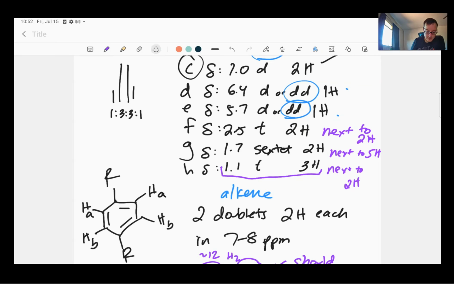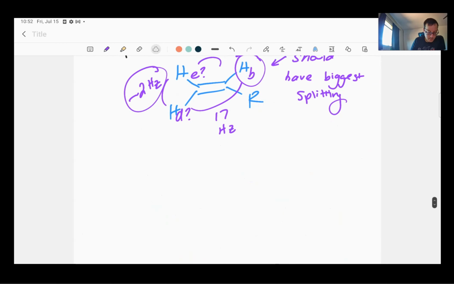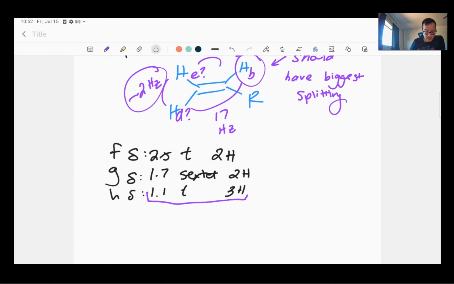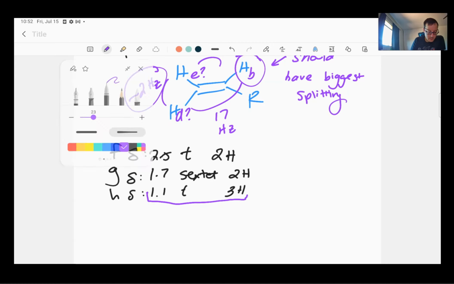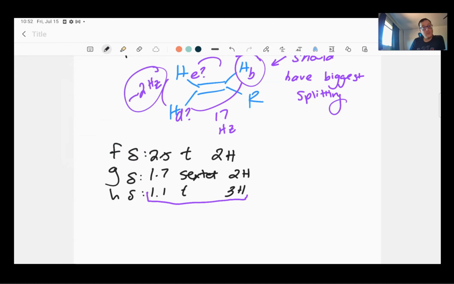What would give us a signal at about 1.1, something really, really low, that would have 3 hydrogens? Indeed, right, a methyl group.